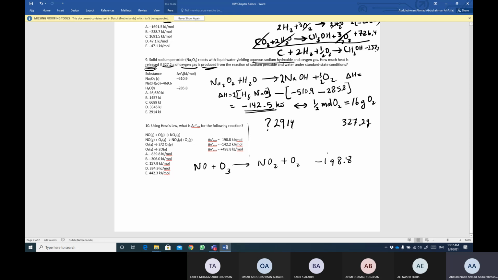Second equation, what are you going to do with it? I want to cancel this one with this one. So when I reverse, what will be the heat? Positive.